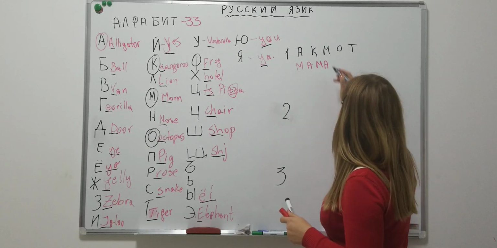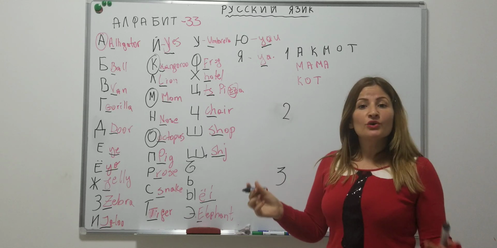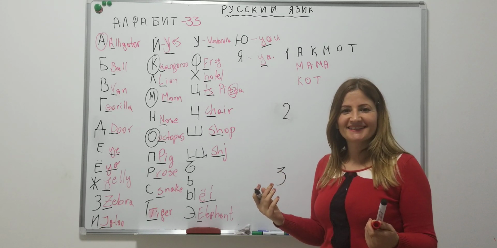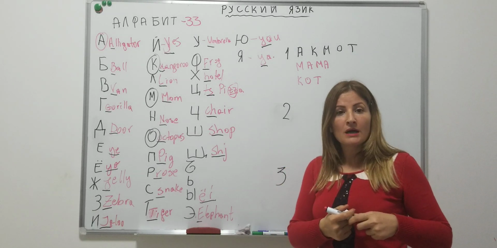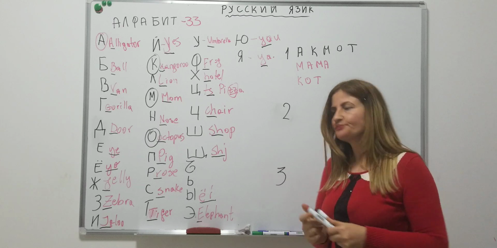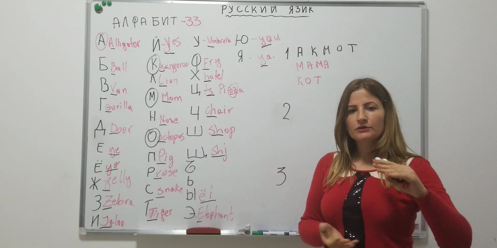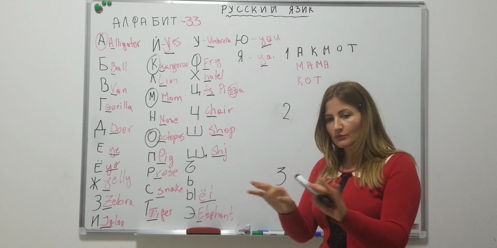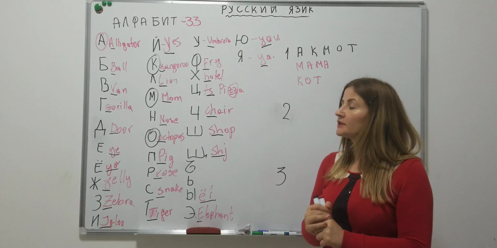Or by taking this, for example, we can write Kot. In Russian, it means cat. Mama. Kot. For the second group, you can practice yourself and also go to our site, because there we will put the lesson with some rules and new words that you can practice.